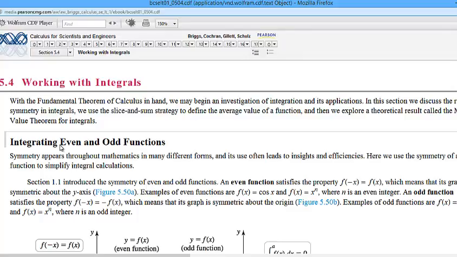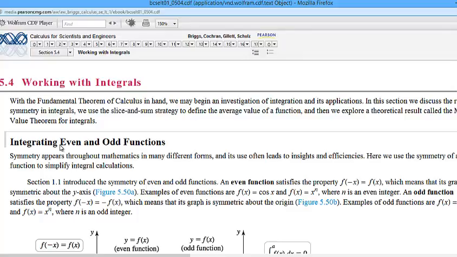Both of these involve symmetry. We mentioned last time that another way to say even is symmetric with respect to which axis? The y-axis. Whereas this one, we didn't mention this last time, but I'll tell you it's also symmetry.